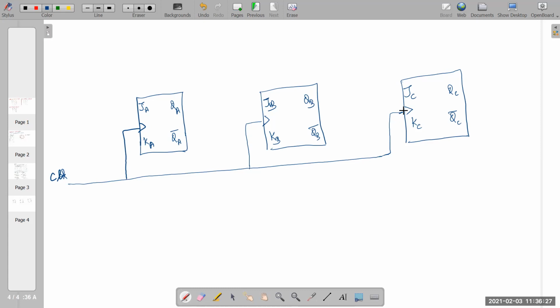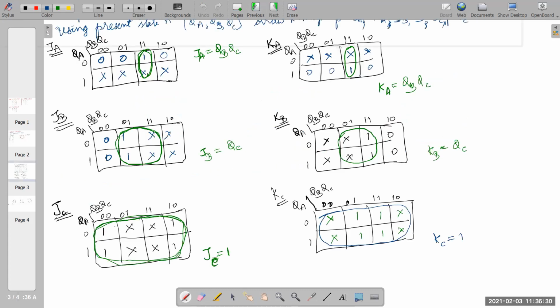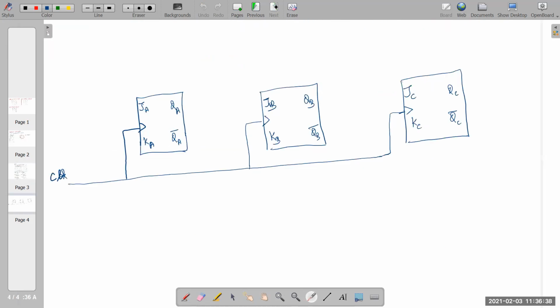Next, you have to get the expression. Go to the previous slide. What is JA? QB into QC. What is KA? QB into QC. This is my QB, this is my QC. I have to AND those two.